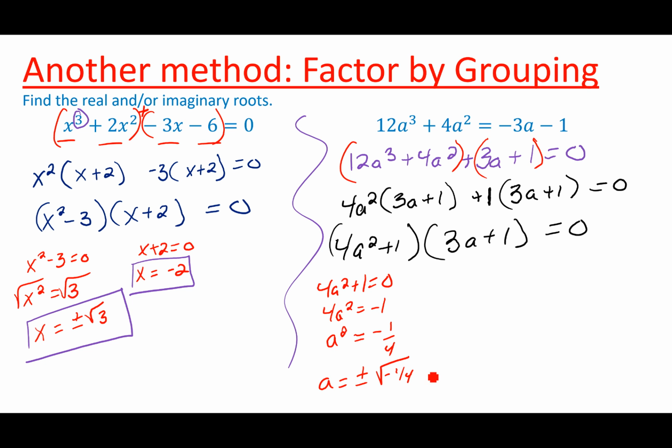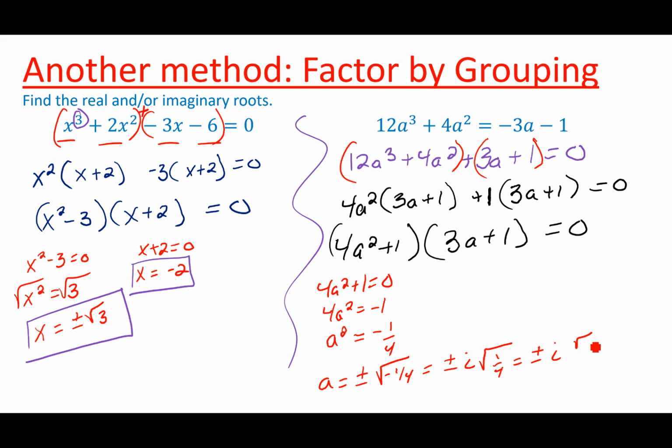Okay, we can do a little more with that. We don't want a negative under the radical, so I could change that to plus or minus i square root of 1/4.